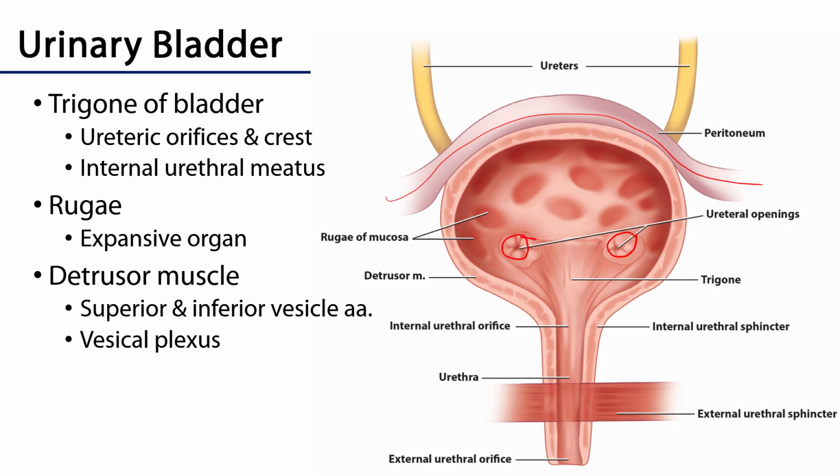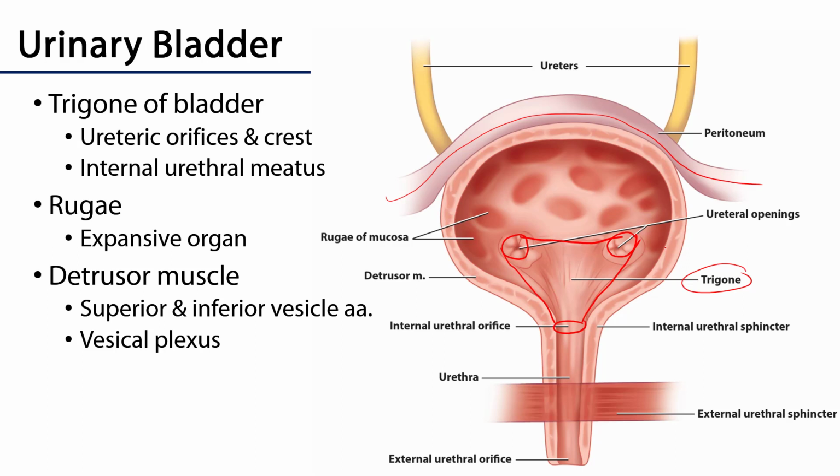Between the two is the ureteric crest. And then down here is the internal urethral orifice. So that's the opening to the urethra. Now if we, being the pattern-hungry species that we are, connect all of those dots, we can see a triangle, and we call this the trigone.